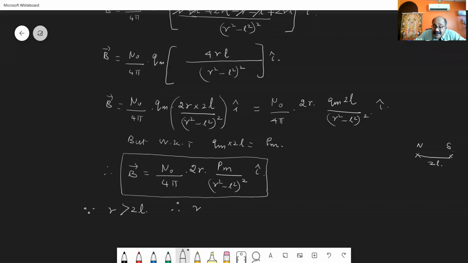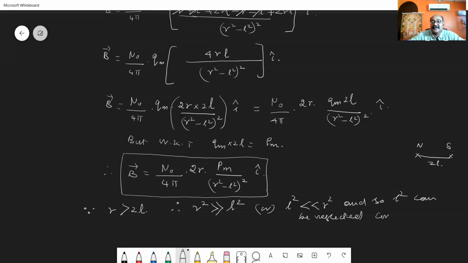Therefore, R square is very, very much greater than L square. Or I can write it like this, L square is very, very much less than R square. And so L square can be neglected when compared with R square.